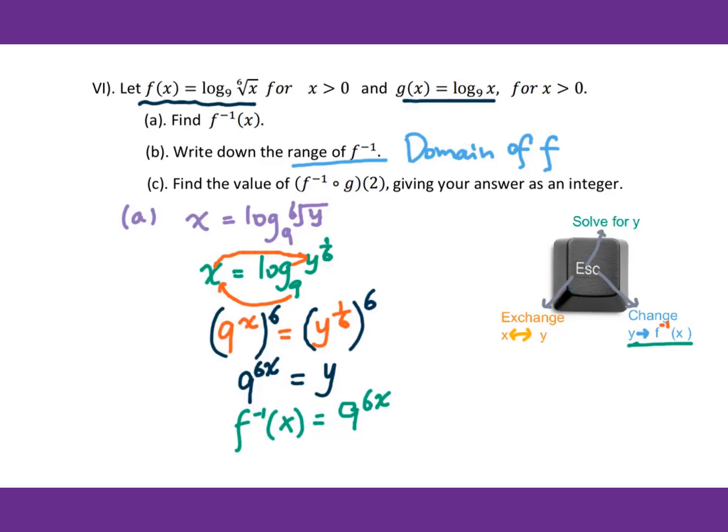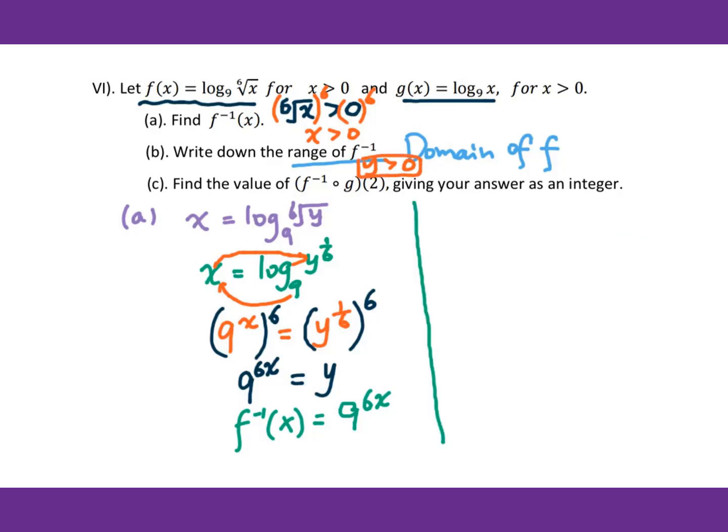Therefore, 6 to the x power is greater than 0. Do the 6th power, and you get x greater than 0. That means the range of the inverse function will be y greater than 0.